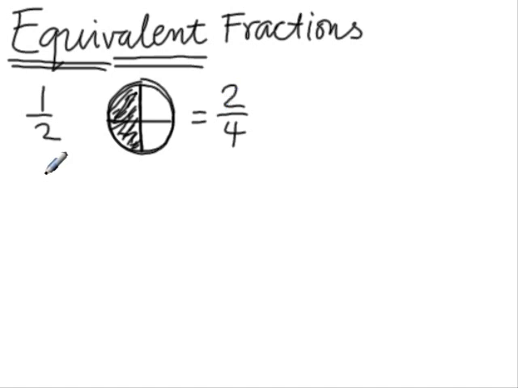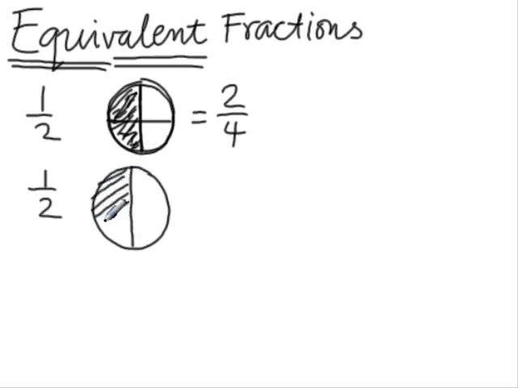Let's take another example. 1/2, and again, this time I'll just divide the pie in half. I won't jump ahead. So there's half a pie. But we could also divide this pie this way. So now we have 4ths. You can see we have 2/4, and then we can divide the pie again.